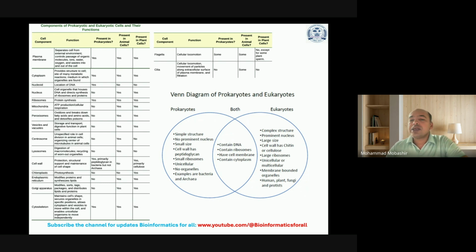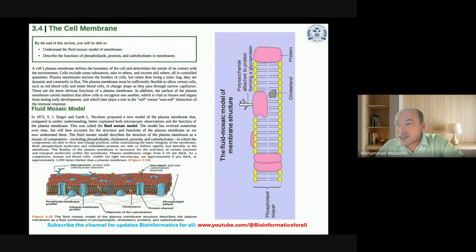The same thing, you can also see here some of the differences in the form of a Venn diagram between prokaryotes and eukaryotic cells. Now you can go for the cell membrane, which is quite easy, but you need to remember a few things. For example, what is the fluid mosaic model, and what are the compositions of the cell membrane.